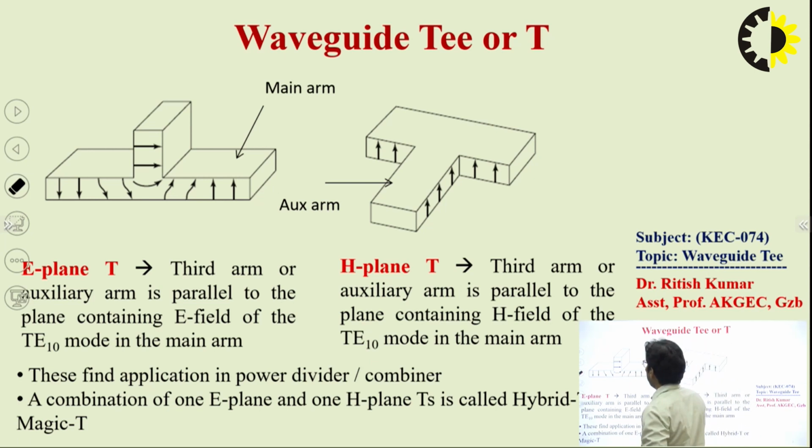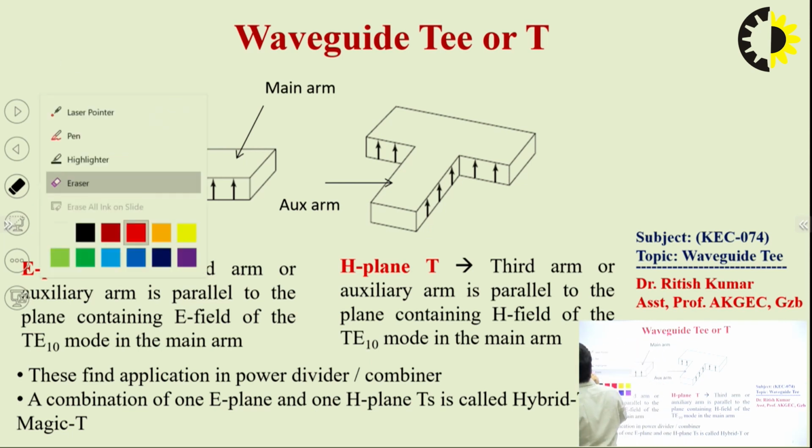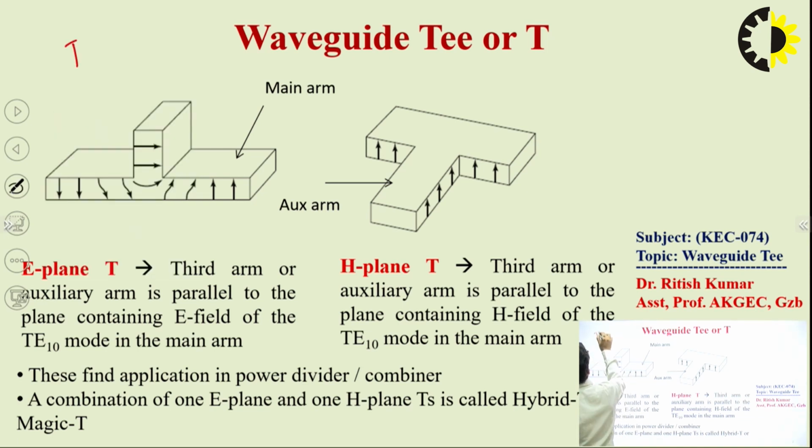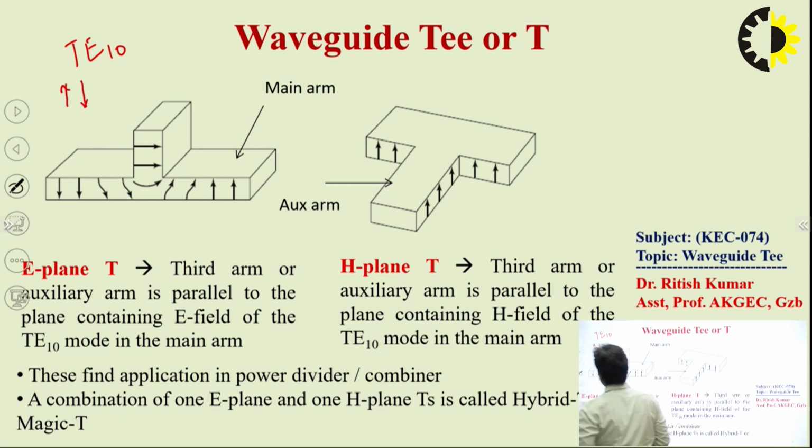In the E-plane tee, we need to observe the electric field orientation within the tees. For the fundamental TE10 mode, the field is always perpendicular, oriented either in the upward direction or in the downward direction.